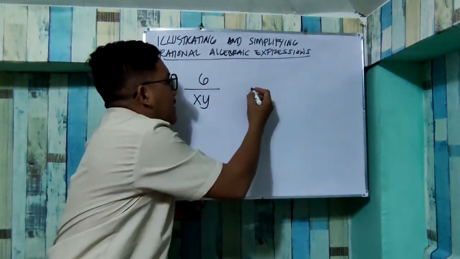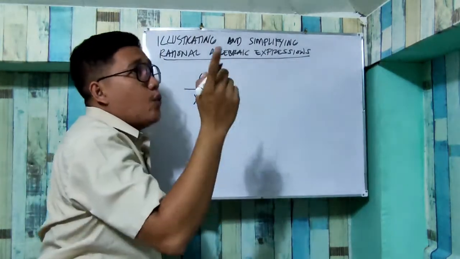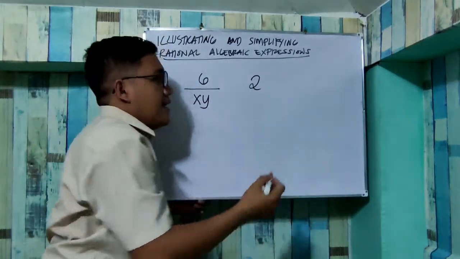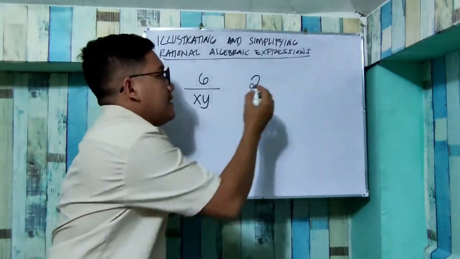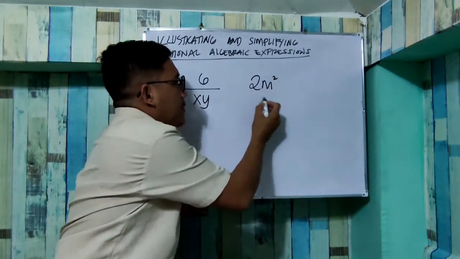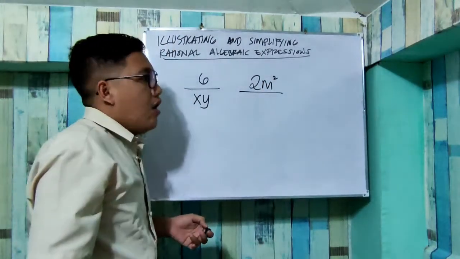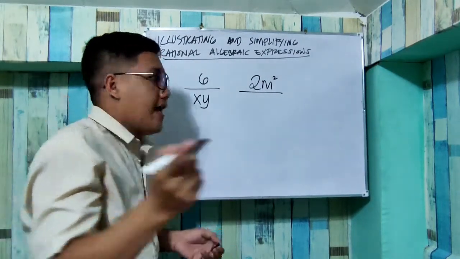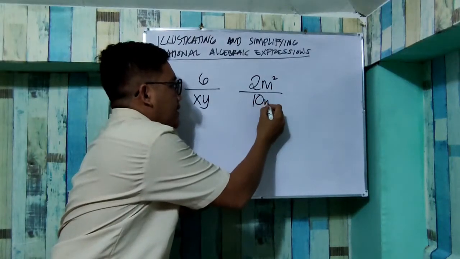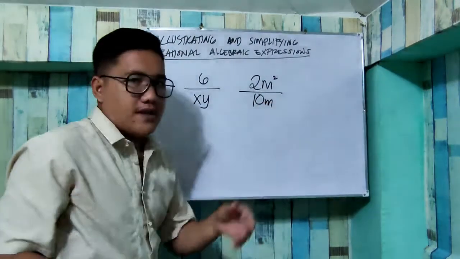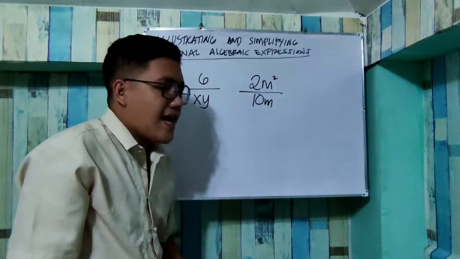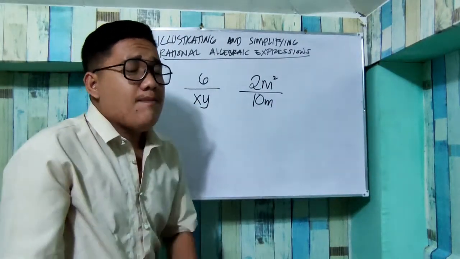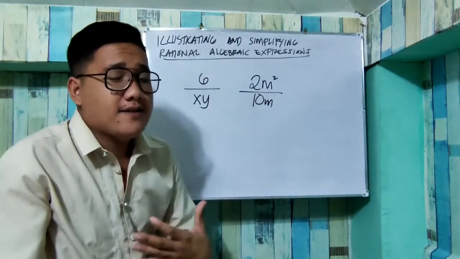So, pwede natin isulat na the ratio of twice, pag sinabing twice, 2, the square of m, ibig sabihin yung m naka-square, ratio of, and 10 times number m. So, 10 times number m. So, no need to write the times. This is considered as times. So, ganyan lang.